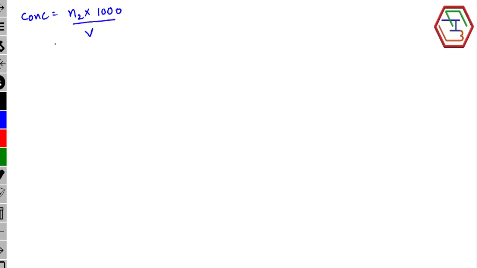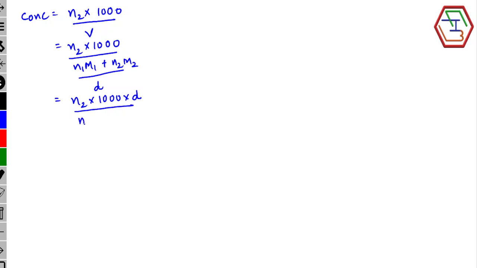Substitute the value of volume. Volume is given N1 M1 plus N2 M2 divided by density. N2 into 1000, density को ऊपर ले लो, N1 M1 plus N2 M2.